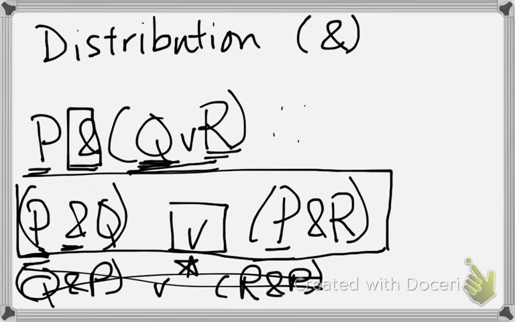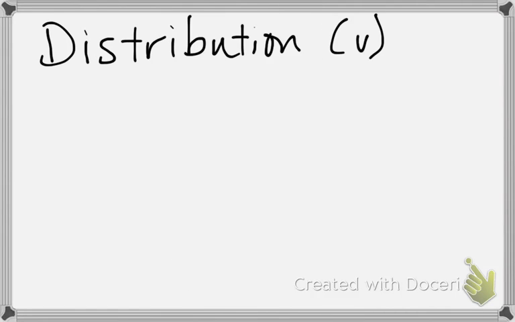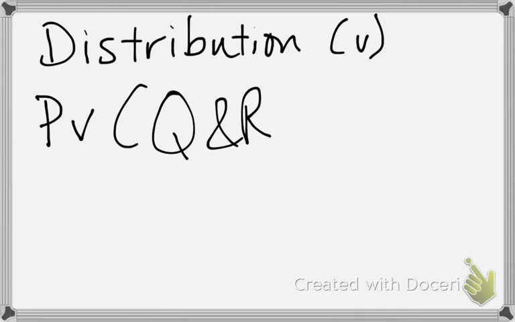Okay, so now let's look at the rule of distribution for or. It works basically the same way. It's just that the ors and the ands are in different places. So distribution for or works on formulas like this: P or Q and R. So it works on formulas where you have a disjunction and the right disjunct is a conjunction.